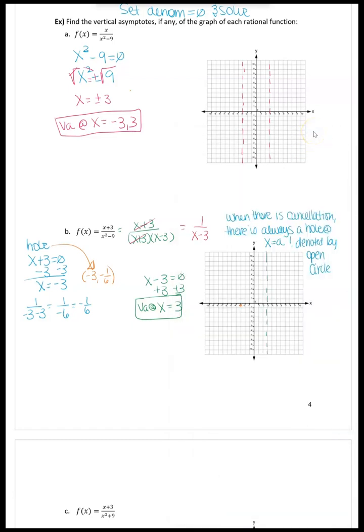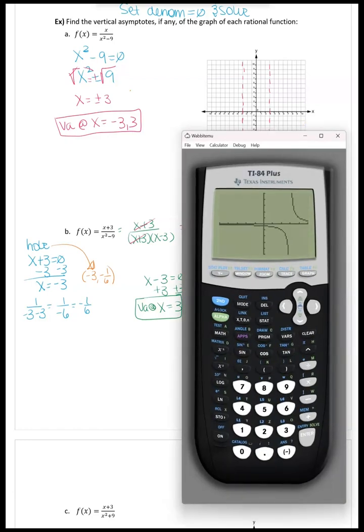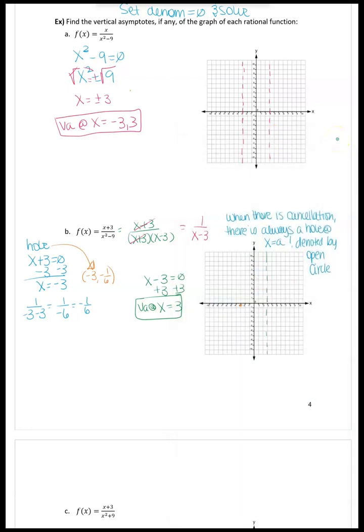That's our hole. And then we can just go ahead and draw a graph. There we go, our asymptote. So n is less than m, so that's going to give a horizontal asymptote at 0.